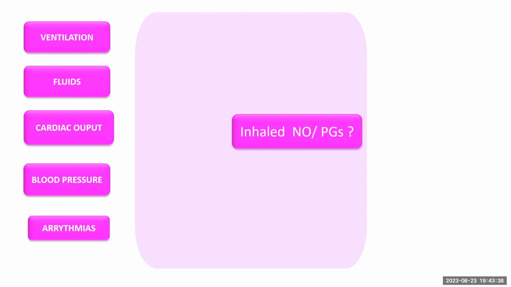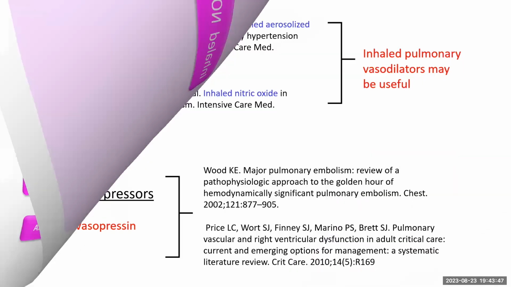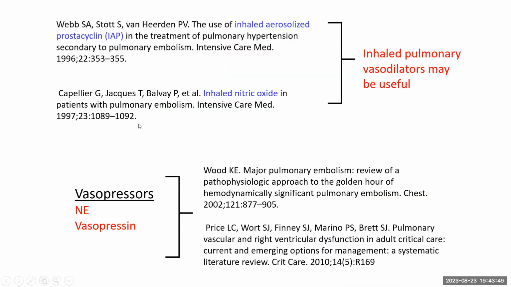So if required, and if you have the experience, you can go ahead and use these substances depending on the clinical situation. This is just some of the evidence in favor of inhaled prostacyclin and inhaled nitric oxide, and then vasopressors, showing norepinephrine and use of vasopressin.